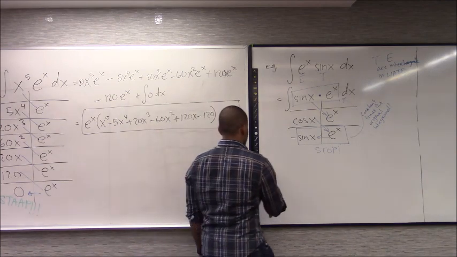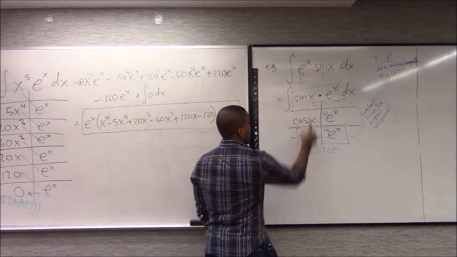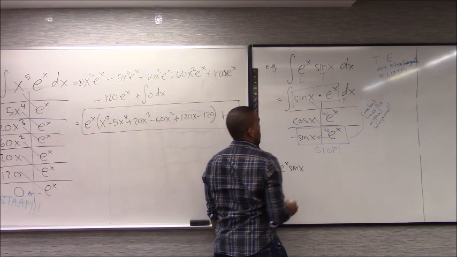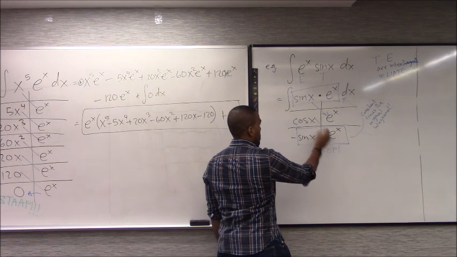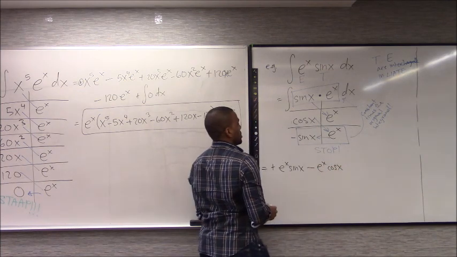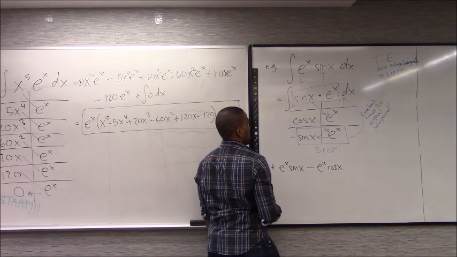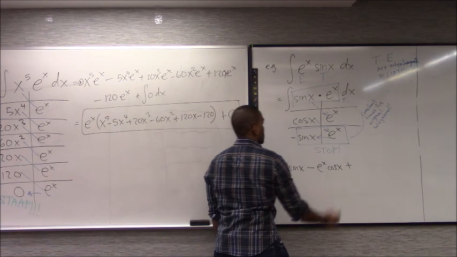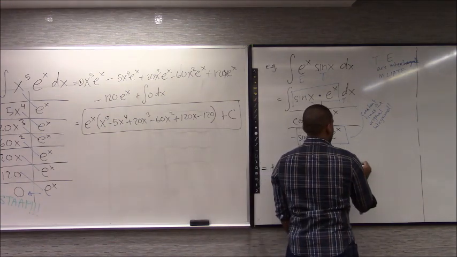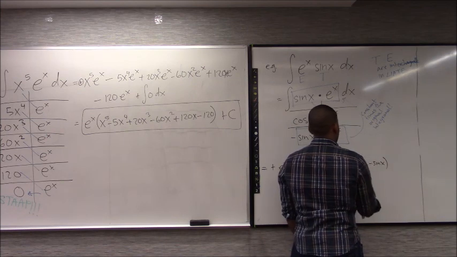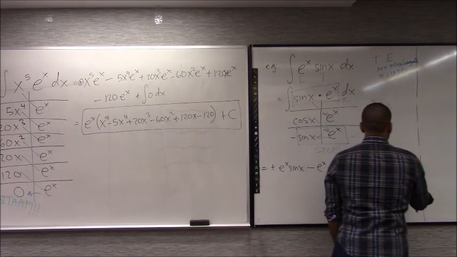So this is going to be equal to plus e to the x times sine x minus e to the x times cosine x minus plus, and now I have e to the x times minus sine x, integral of that part.